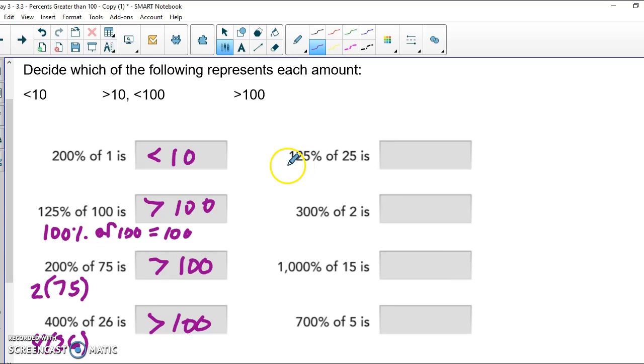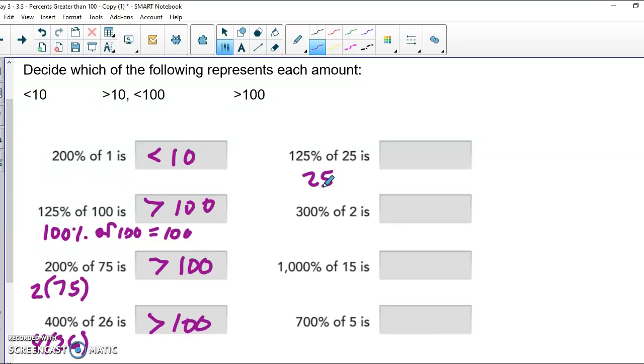As I look in this column, 125% of 25. Well, I know that 100% of 25 is 25. And then I'm going to take 25% more and add it to this. So 25% of 25, or a quarter of 25.